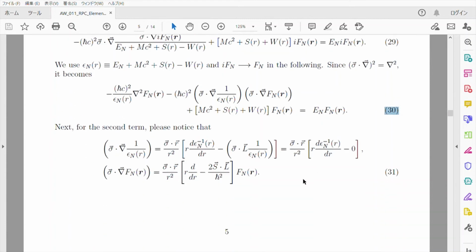Next, for the second term, let me note that sigma dot nabla operating on 1 over epsilon n is this, and sigma dot nabla operating on Fn is simply this.